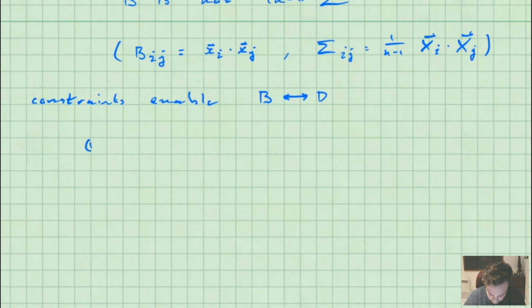So I have 2 things to prove right now. One is how do you go from B to D? This is not really so necessary, but it's easy, so I'm just going to show it. And the second thing, which is more interesting, is how do I get from D to B? That's interesting because I want to know how to get from D to X, ultimately. That's the plan. So I'm going to go from D to B and then to X.